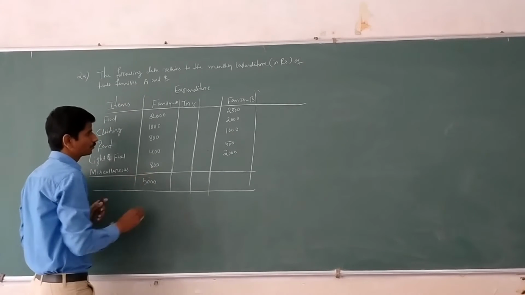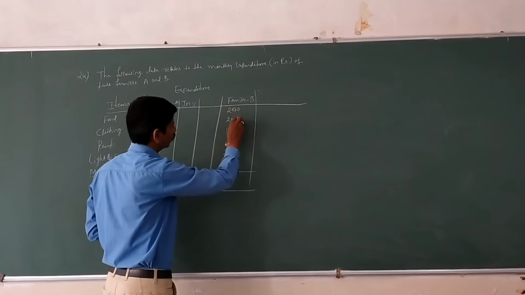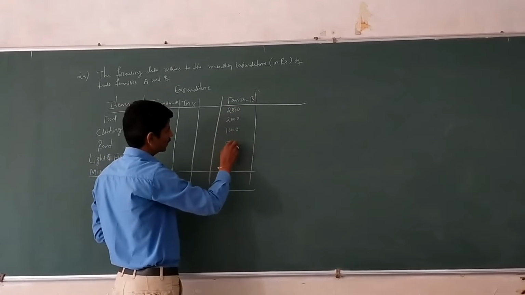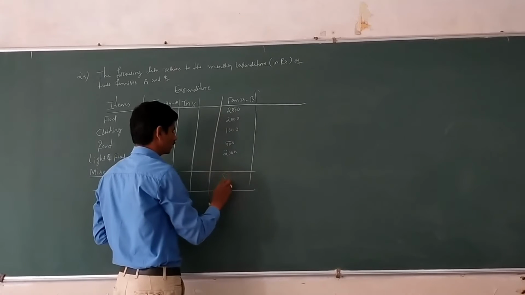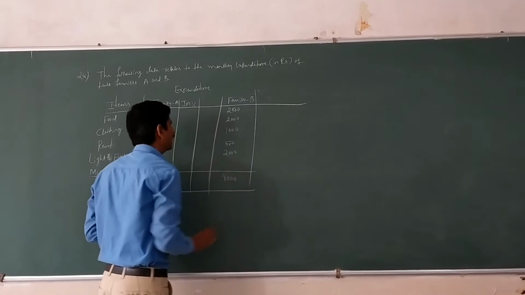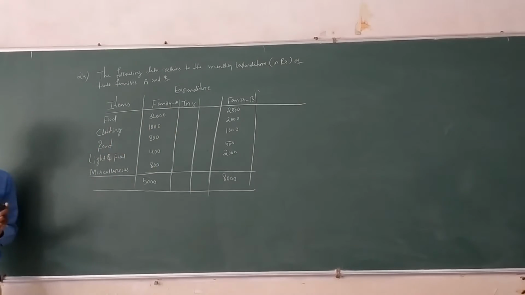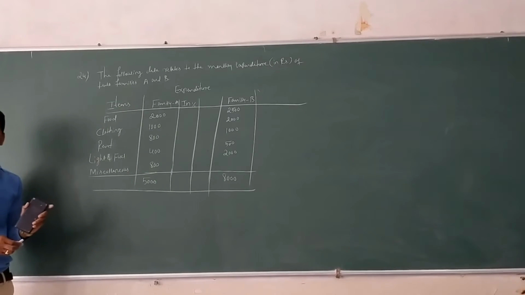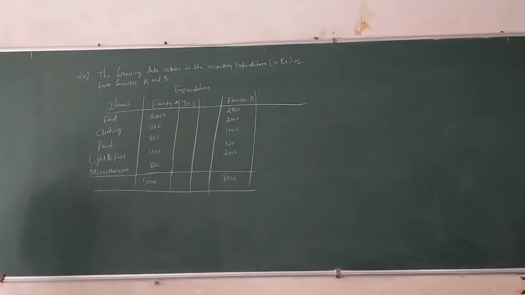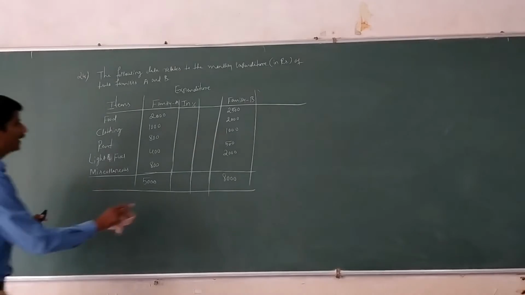For family B: 4500, 5500, 6000, 6000 plus 2000 is 8000; the sum is 8000. Here you have to find the percentage of each individual item.